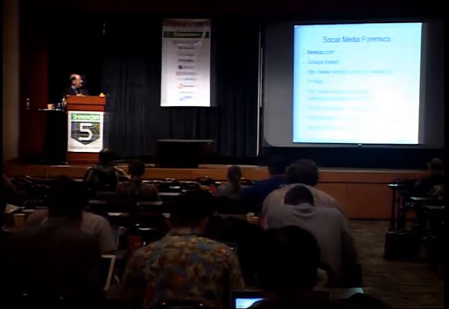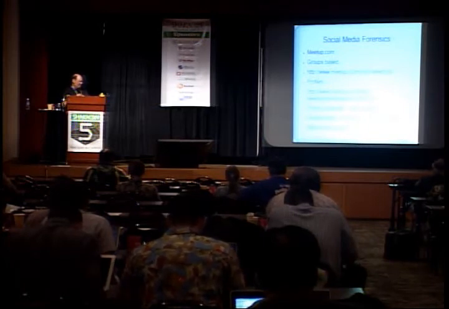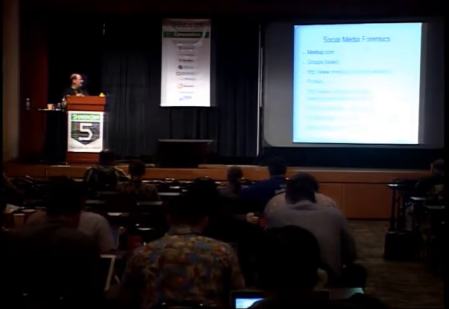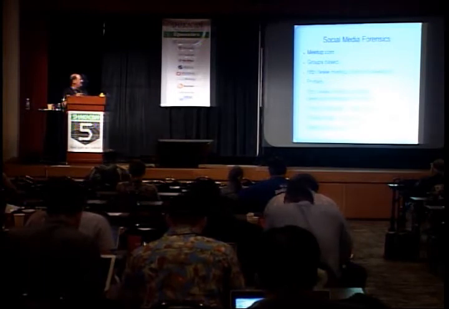Relationships on Meetup work a little bit differently than some of the other social networks. Both members typically have to be members of the same Meetup group before they can see each other's profile.